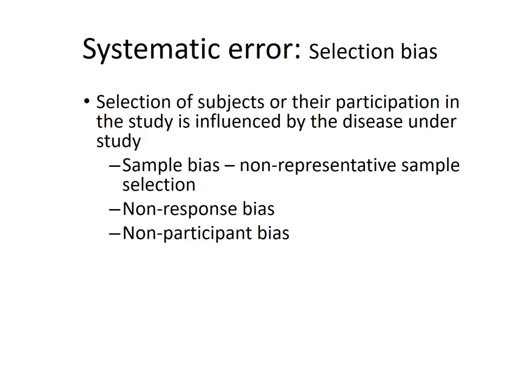The third type is the selection bias. Selection of subjects or their participation in the study is influenced by the disease under study. This could be a sample bias. We choose a non-representative sample. For example, we decide to assess the number of patients with multiple sclerosis, and we choose patients who come to the pharmacy.